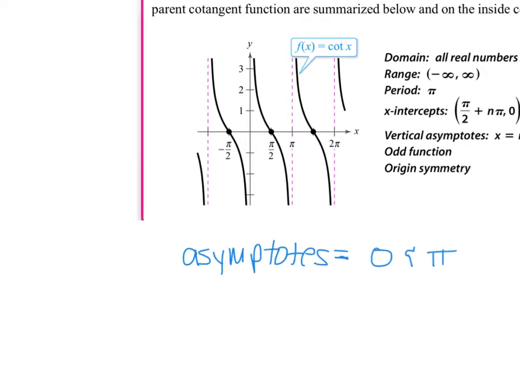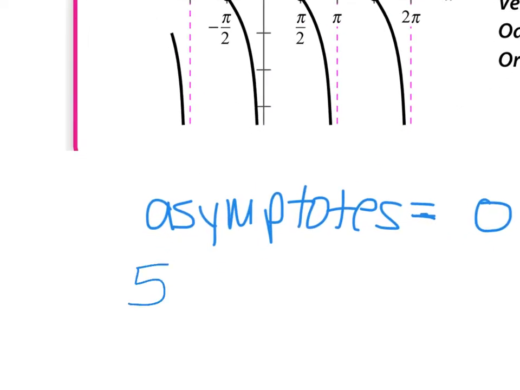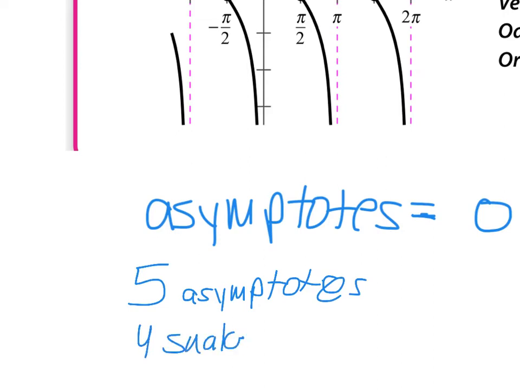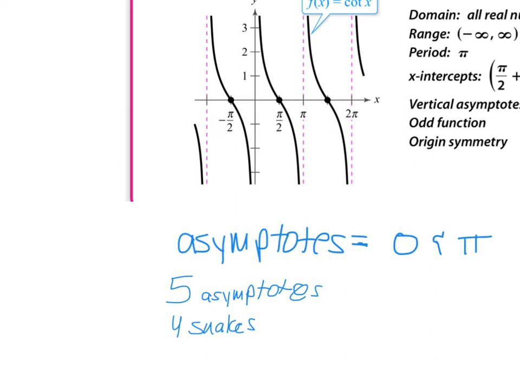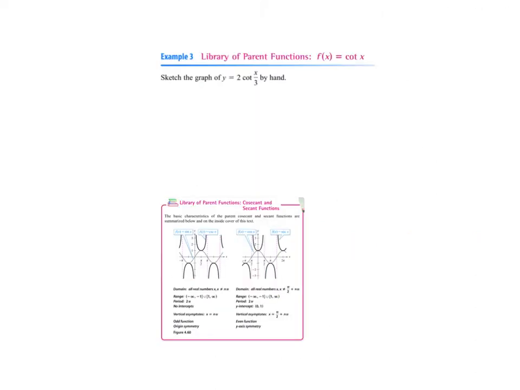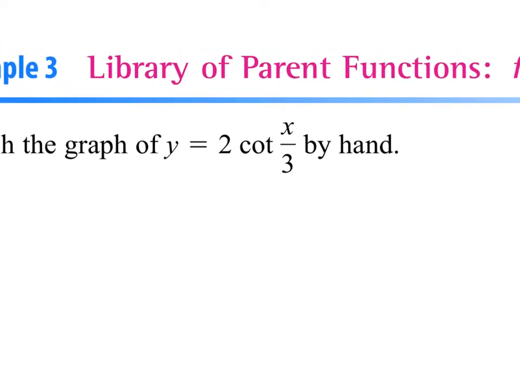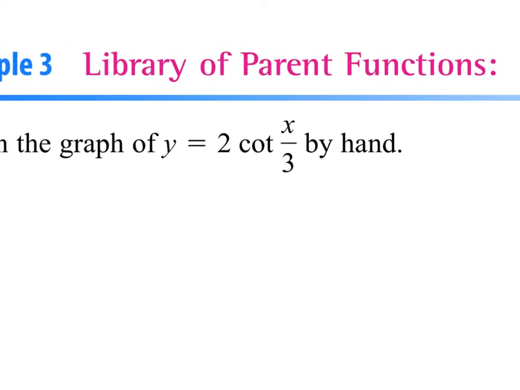When we have a cotangent graph, we need 5 asymptotes and 4 snakes. It's easier, I promise. So, we're going to graph this by hand. First of all, I see cotangent. So as soon as I see cotangent, I'm going to write myself some notes.